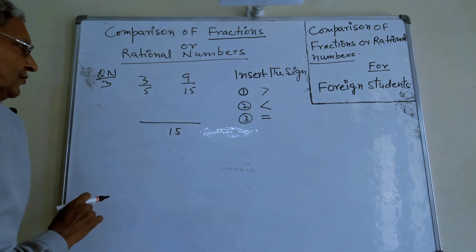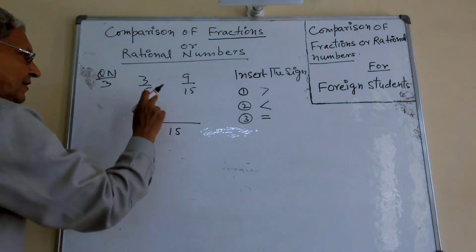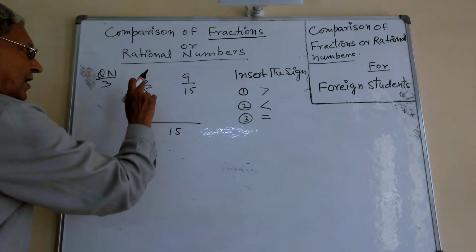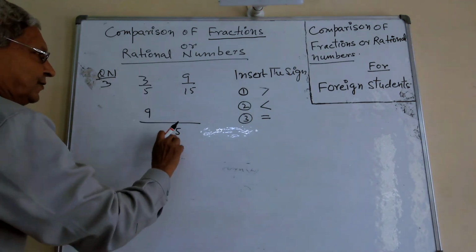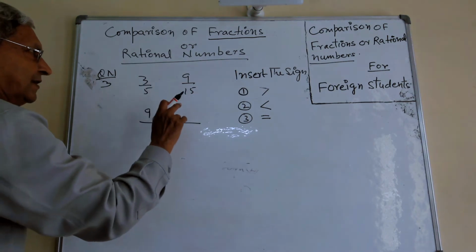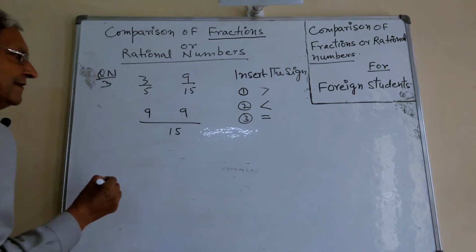So here divide 15 by 5, that is 3, and multiply 3 by 3, 9. Divide 15 by 15, 1, and multiply 1 by 9, that is 9.